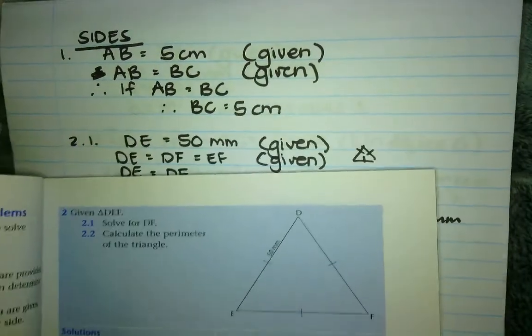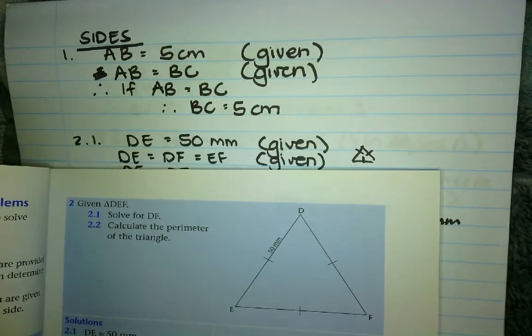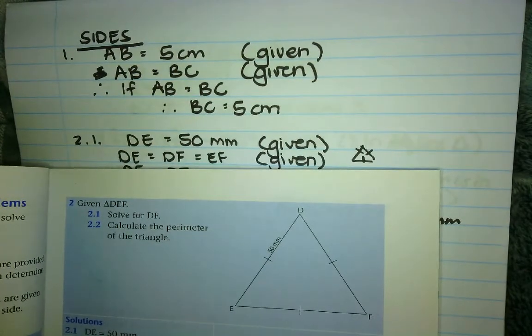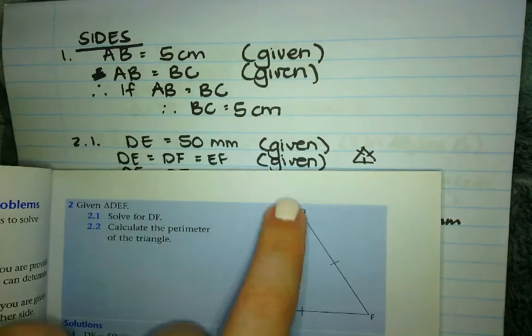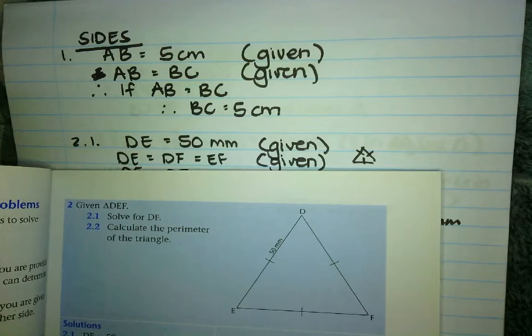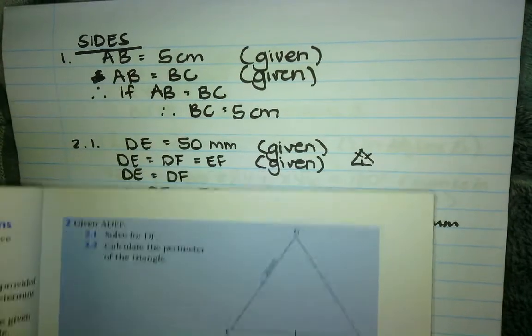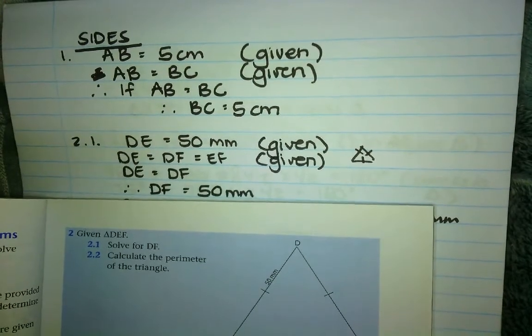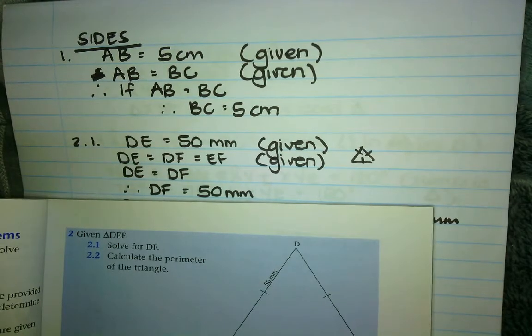You say, DE is 50 millimeters, which they told me. Then they say DE is equal to DF, which is equal to EF, which they told me with the little lines. Then you say, if DE is equal to DF, therefore, in mathematical terms, DF is equal to 50 millimeters. So we got that answer.